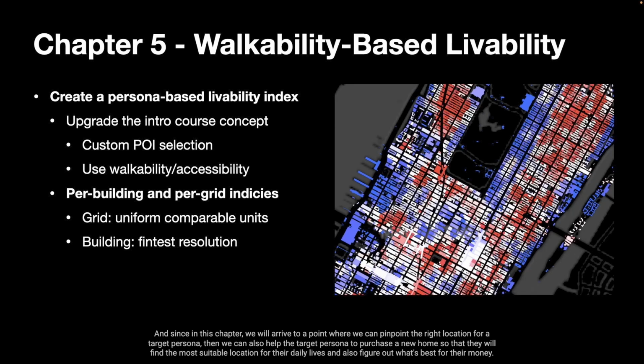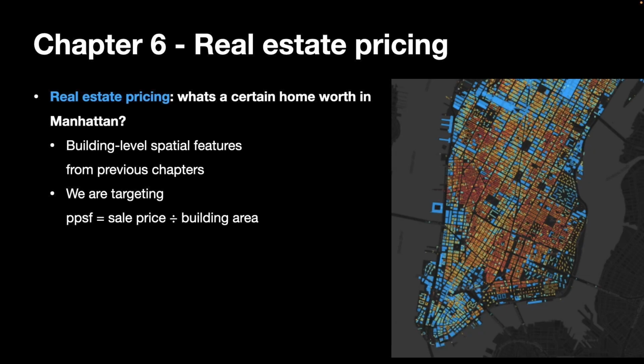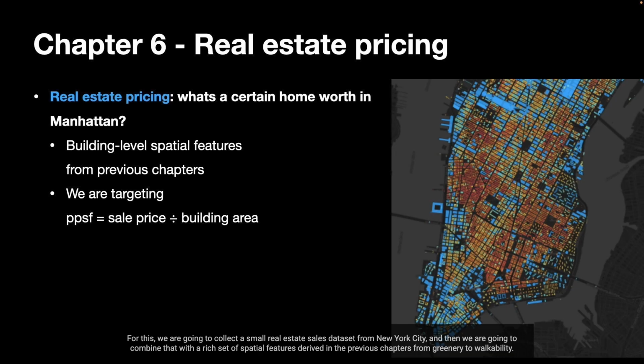And since in this chapter we will arrive at a point where we can pinpoint the right location for a target persona, then we can also help the target persona to purchase a new home so that they will find the most suitable location for their daily lives and also figure out what's best for their money. For this, we are going to collect a small real estate sales dataset from New York City, and then we are going to combine that with a rich set of spatial features derived in the previous chapters, from greenery to walkability.